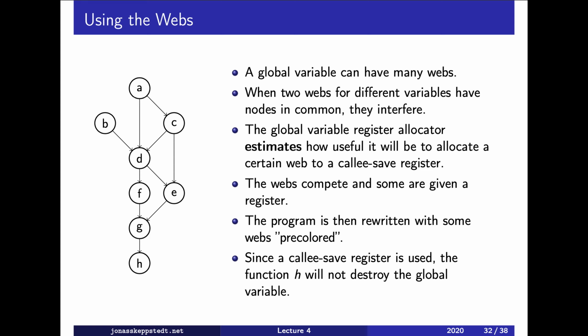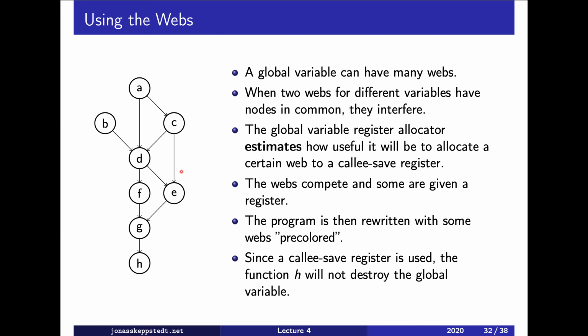What is also done is to estimate how useful it will be to allocate a register to a certain web. In particular, we use callee save registers, not caller save. And if the web is allocated a register, it will be given this register in the whole web.